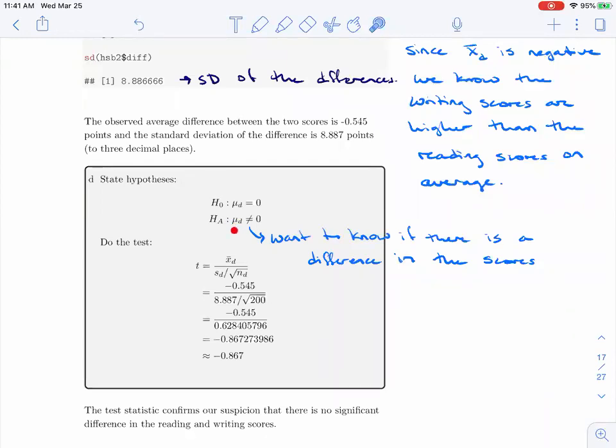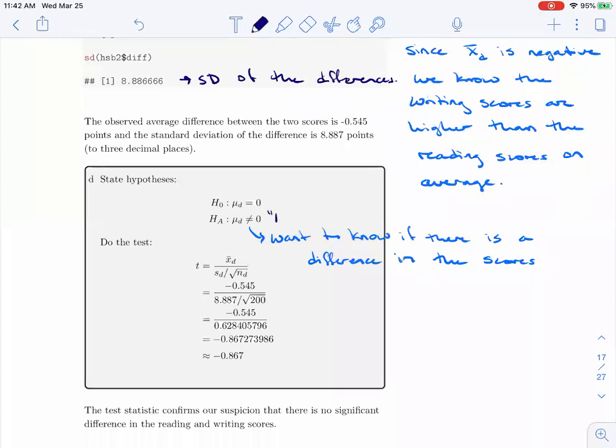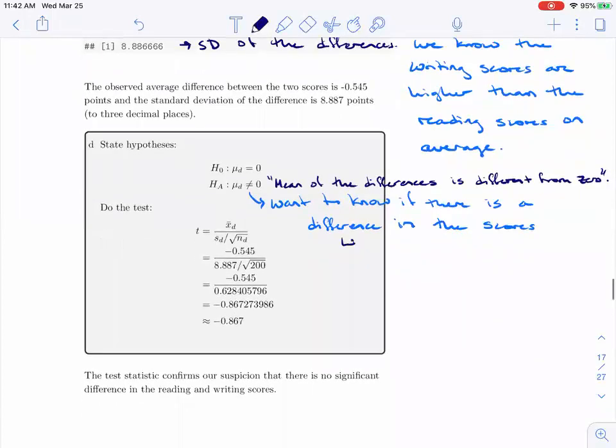So what we're saying here is the mean of the differences is different from 0. Because I've got that not equal to, I've got a two-sided test.